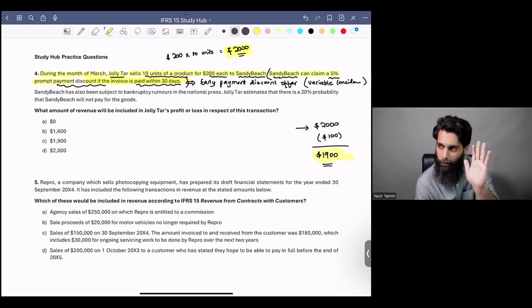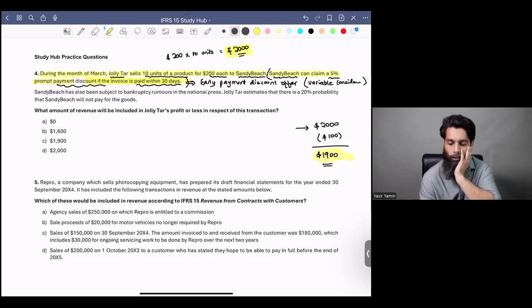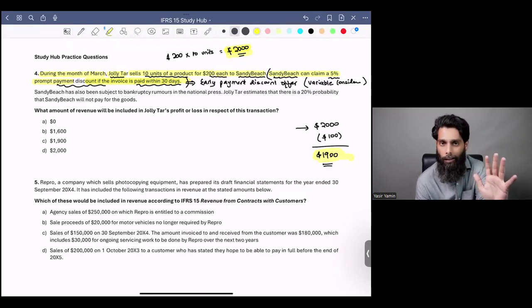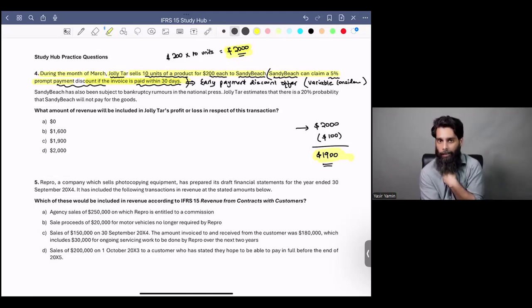Make sense? You let me know, do you understand up till now? Very good. Hanan, if I have to provide this discount, then can I say the true amount of consideration that I get is 1900? Do you agree with it?